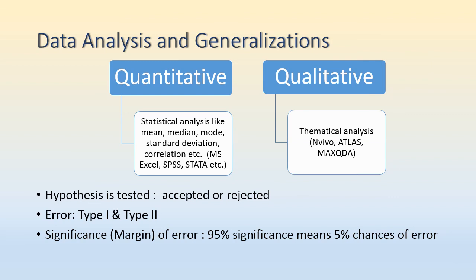When doing the analysis, significance of error is also taken into consideration, whether type 1 or type 2. Significance of error means that if there is a certain percentage like 95% significance, that means there is a 5% chance of error. After the analysis has been done, finally generalizations and conclusions are made based on the findings of the study.